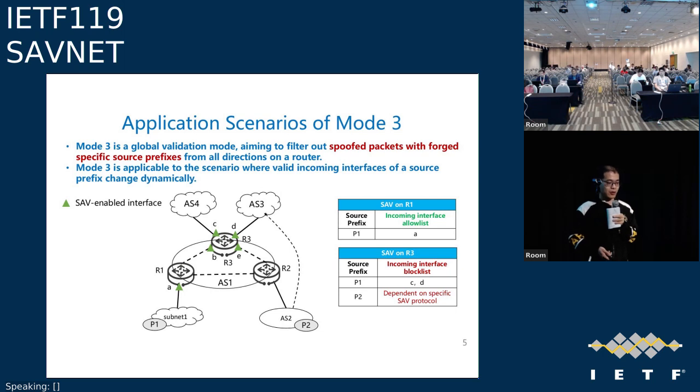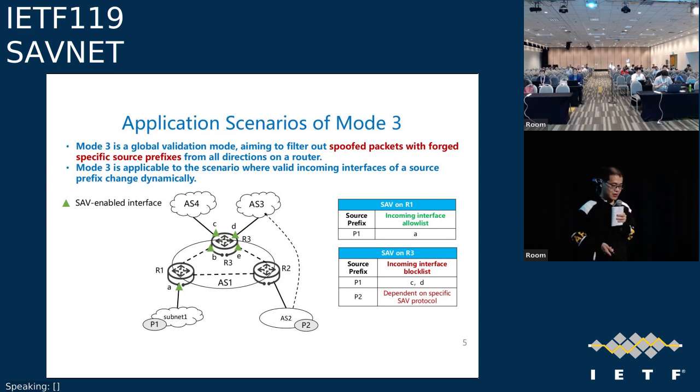Mode 3 is a global validation mode, aiming to filter out spoofed packets with a forged specific source address or source prefix from all directions on the router. Let's consider R1. Subnet 1 is single-homed to R1 through interface A and has only one prefix, P1.